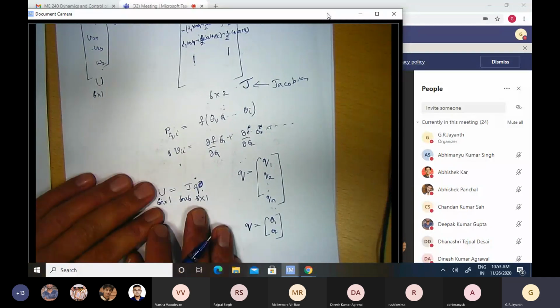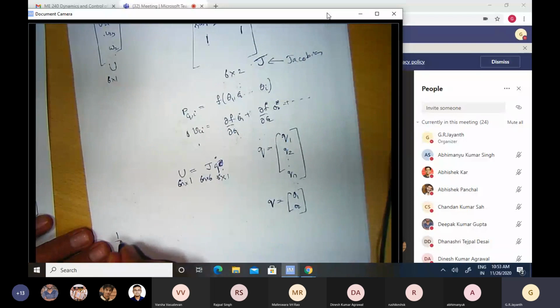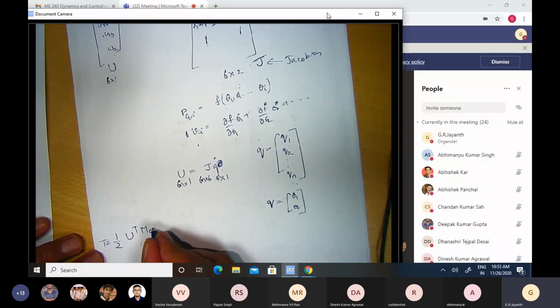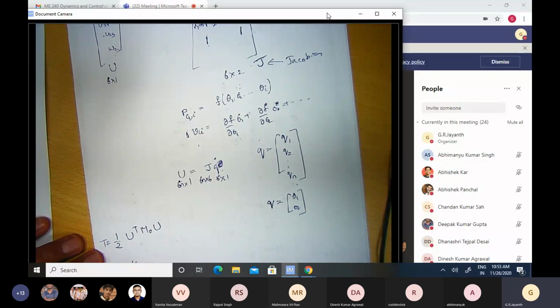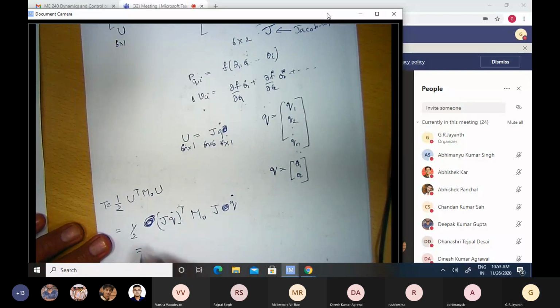So now that I know how to represent the velocity in terms of the rates of change of generalized coordinates, I can come back to my kinetic energy, which is T equal to half U transpose M naught U, and I can write U as J times Q dot. So that is half of (J Q dot) transpose M naught times J Q dot, which is half of Q dot transpose J transpose M naught J Q dot.